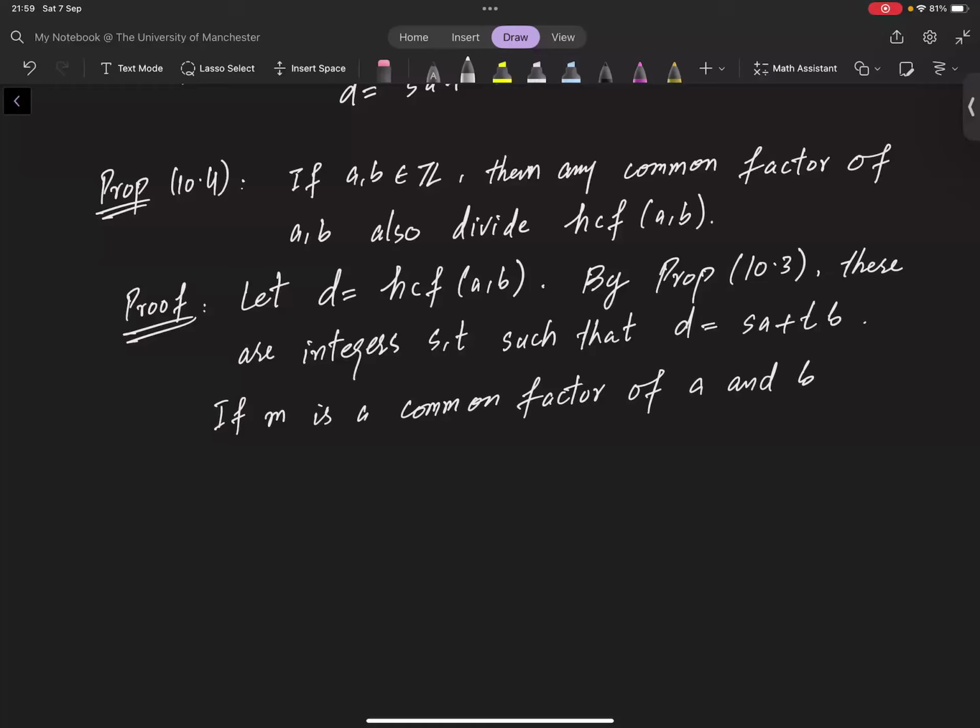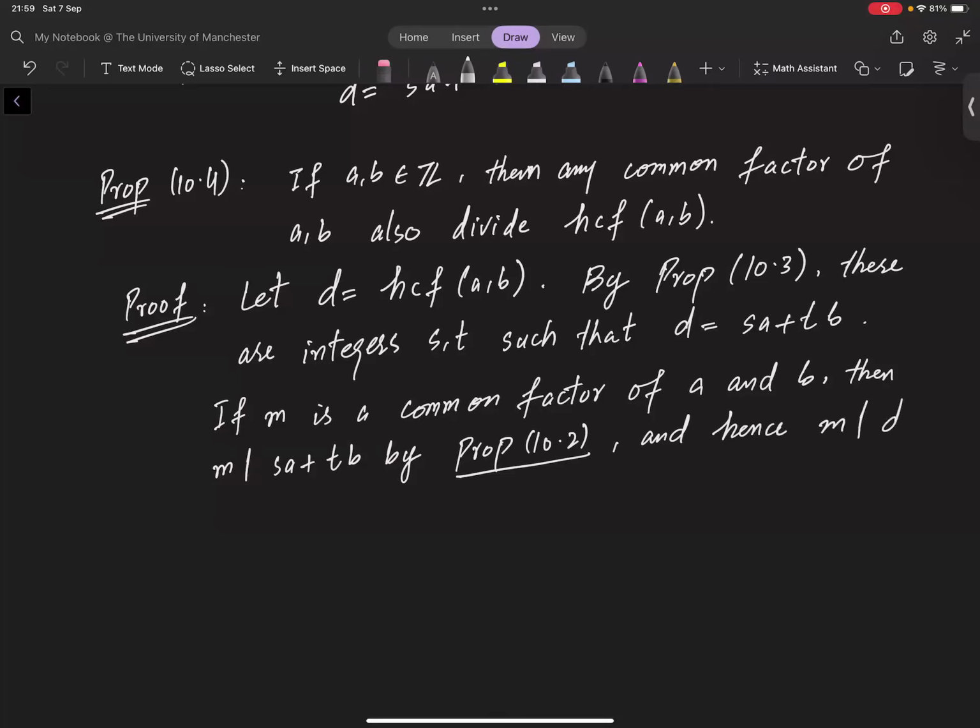M can be any common factor of A and B. Then M divides SA plus TB by the proposition 10.2. And hence M divides D also.